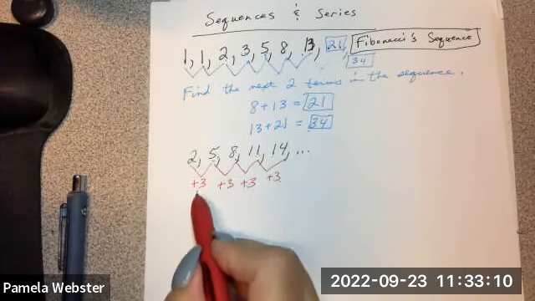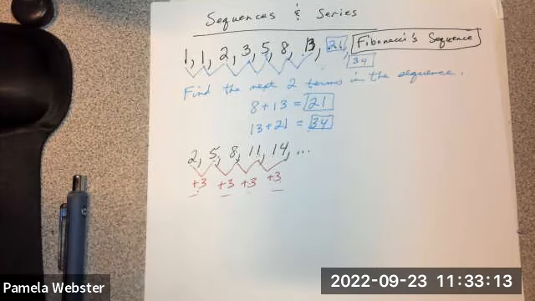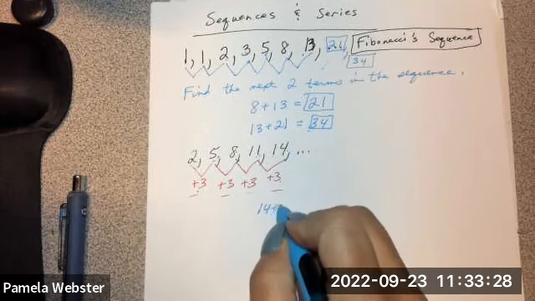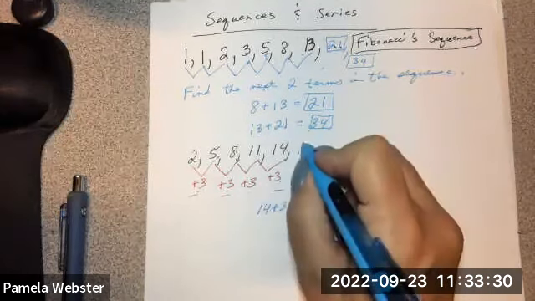If I've added the same number 4 times now, then that is the pattern. It's not going to suddenly deviate. So if I wanted the next term, it would be 14 plus 3, and we know that's 17.